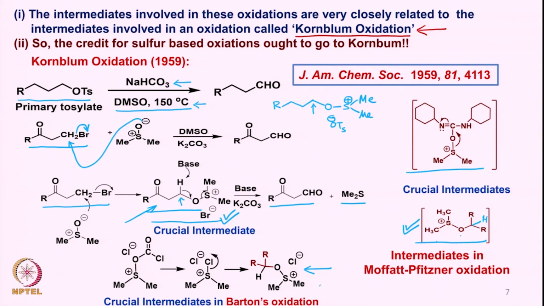So both in Barton's oxidation as well as in Moffatt-Pfitzner oxidation, the last intermediate is very similar to the intermediate that is formed in Kornblum oxidation, except that in the case of Kornblum oxidation, the first intermediate directly comes with having an oxygen here, because the DMSO is acting only as a nucleophile, whereas in the other cases like Moffatt-Pfitzner oxidation or Barton's oxidation, we activate the DMSO to form electrophilic sulfur to which the alcohol attacks and gives the similar intermediate as we see in the Kornblum oxidation.